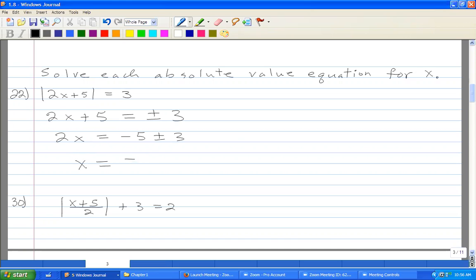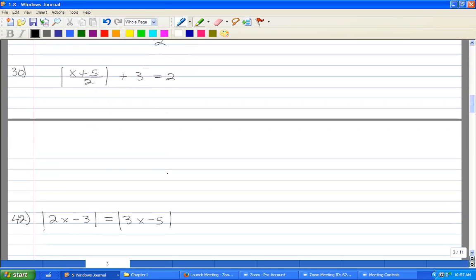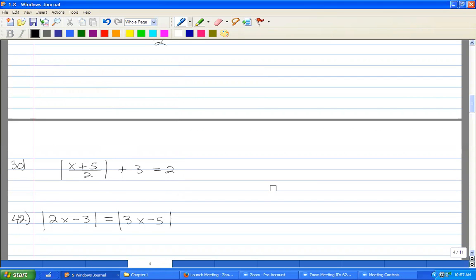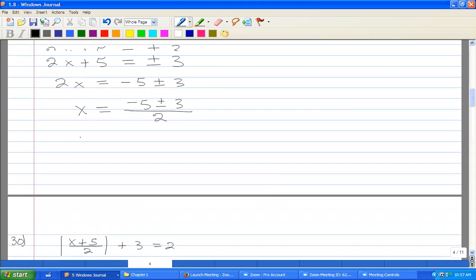Now, I can actually solve this because these are very nice numbers. So let me try to do that. Negative 5 minus 3 is negative 8, divided by 2 is negative 4.